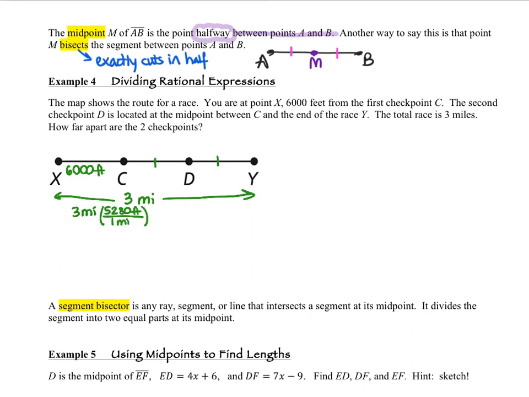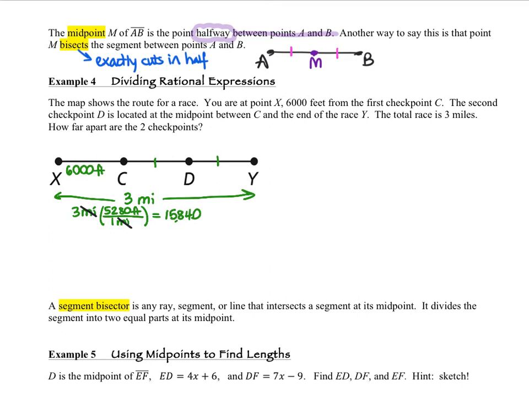So if we multiply our 3 miles by this conversion factor, miles cancel with miles. We multiply 3 by 5,280, and we end up with the total number of feet, which is 15,840 feet.